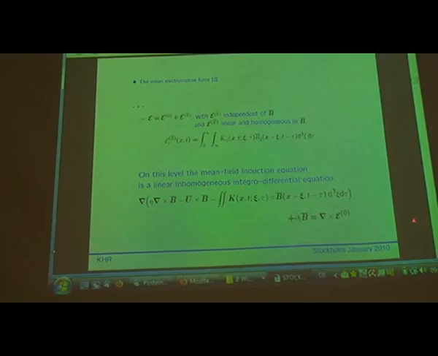It is again an inhomogeneous equation for B, as the homogeneous part is linear, because this integral is linear, and I have an inhomogeneity given by the quantity E0, which doesn't depend on the magnetic field. Okay.